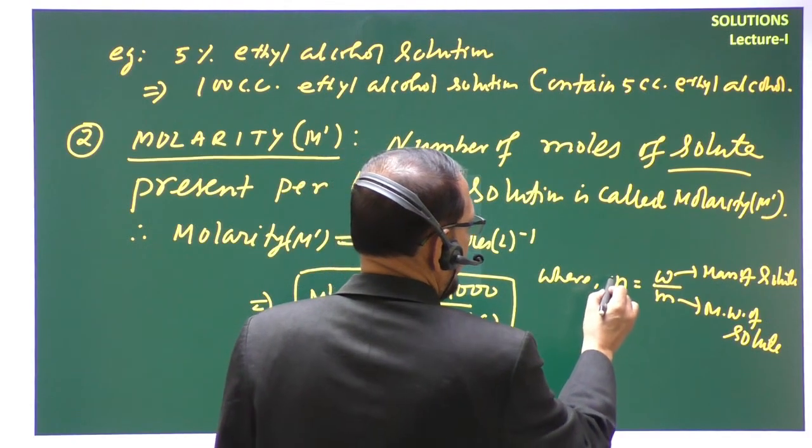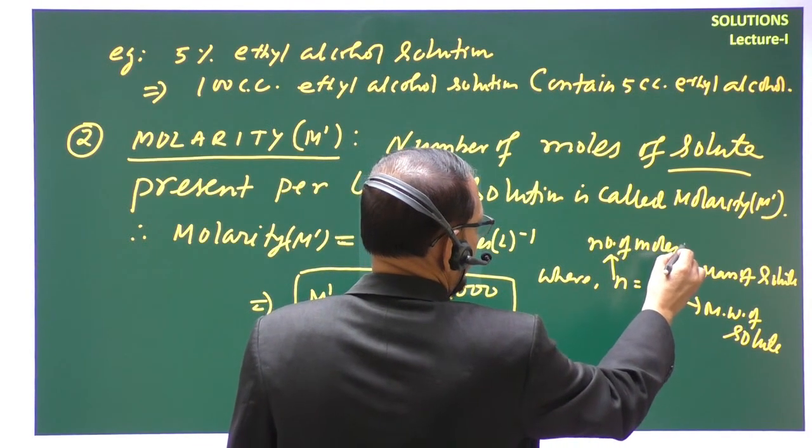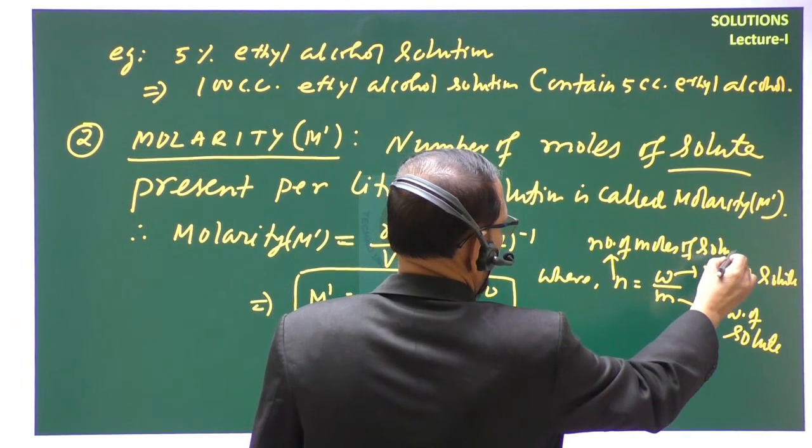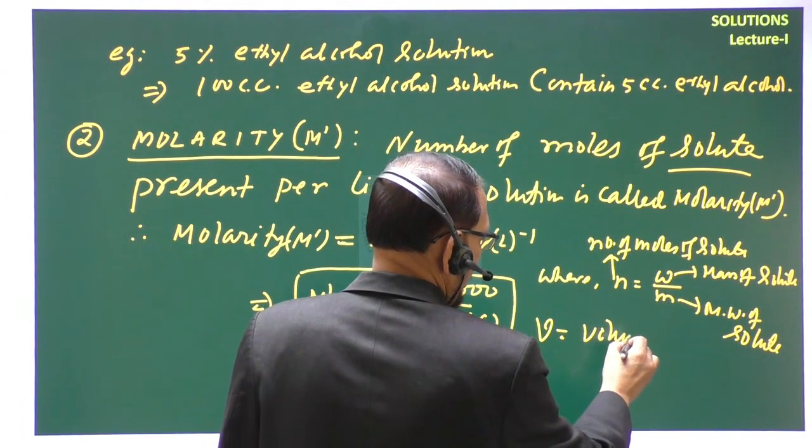N is the number of moles of solute, where V is the volume of solution.